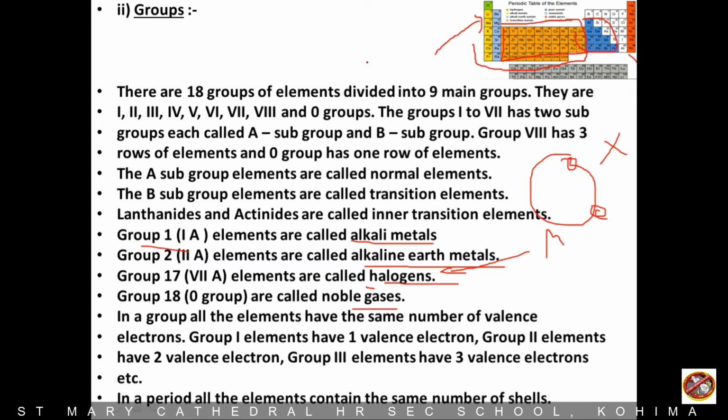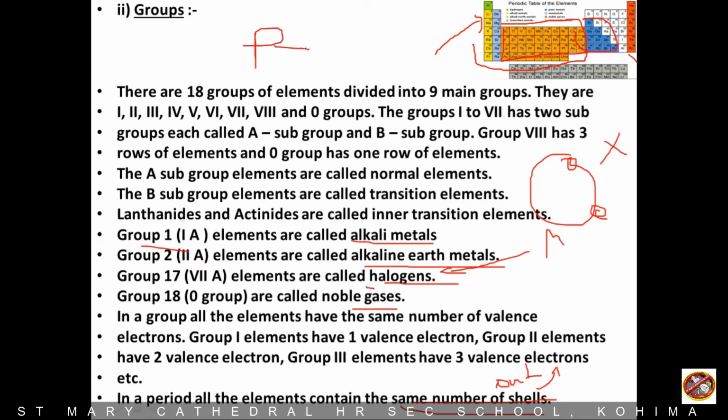Now what you will see is that in a group, they will have the same number of outermost electrons, valence electrons.